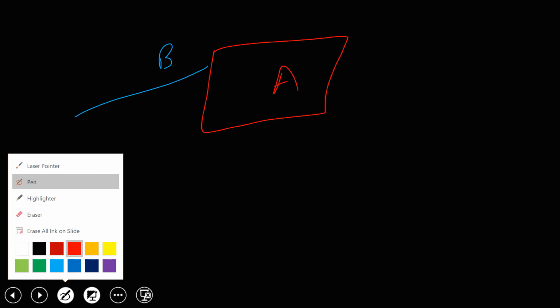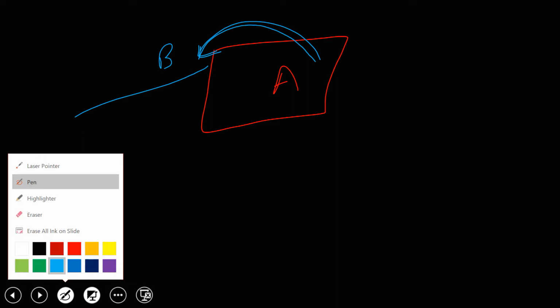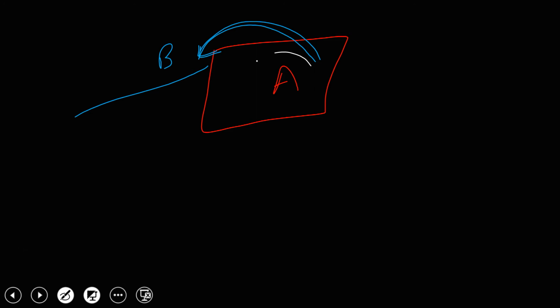Now, this might have been confusing for some of you. Let me break it down. If there is a river B and there is a particular space A, the water that drains out from A into the river B is the water that is contributing to the flow in the river B. But catchment area would be defined as the area from where the water is draining.